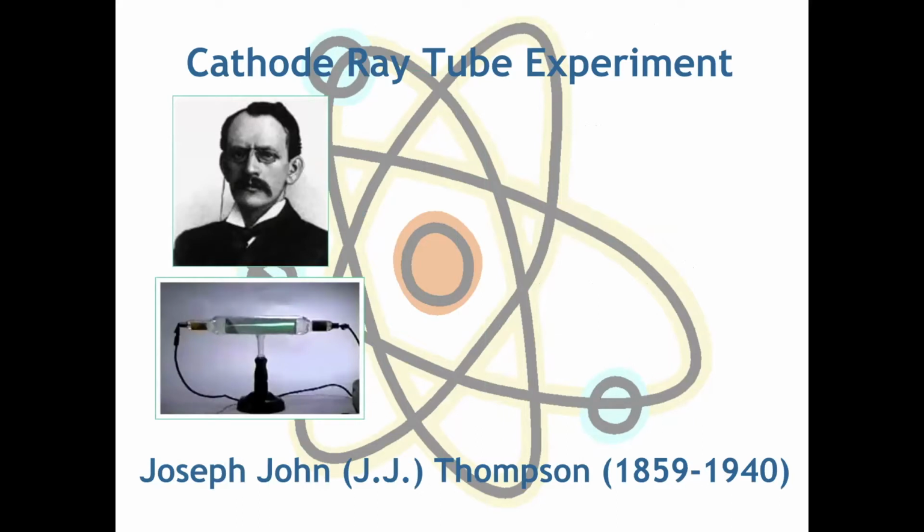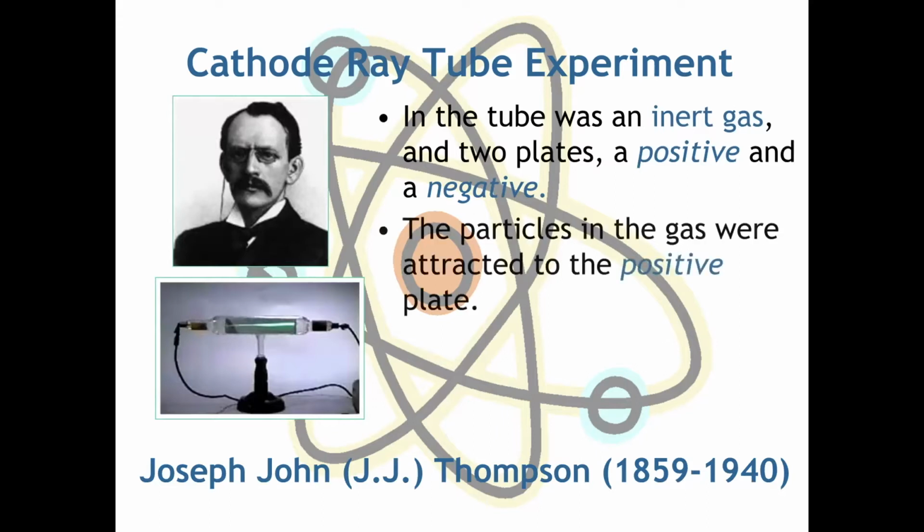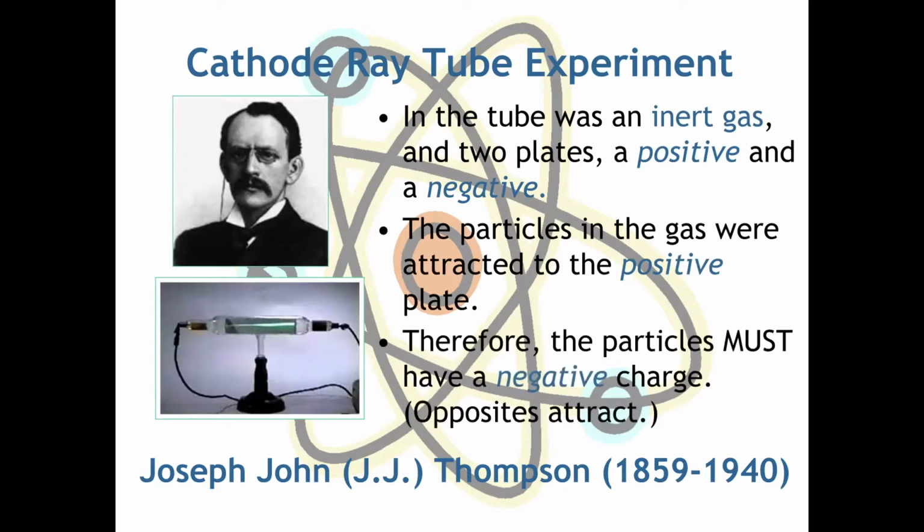And that's what his cathode ray tube looked like. In the tube was an inert gas and two plates, a positive and a negative. The particles in the gas were attracted to the positive plate. Therefore, the particles must have a negative charge, and opposites attract.